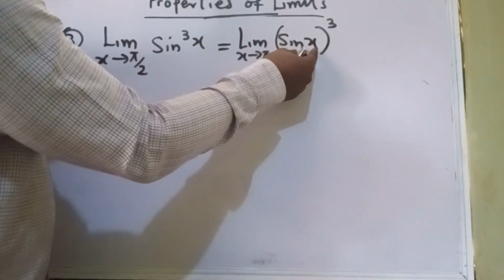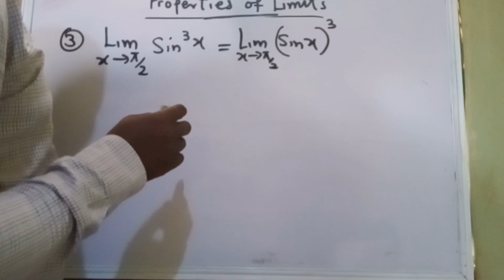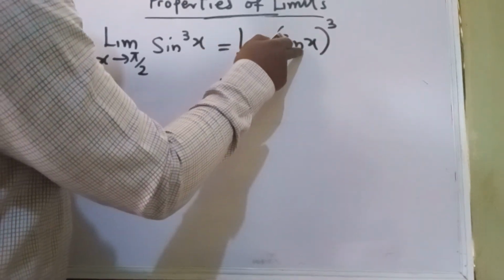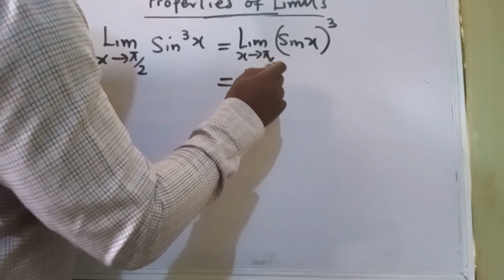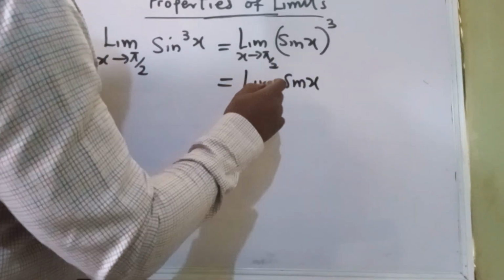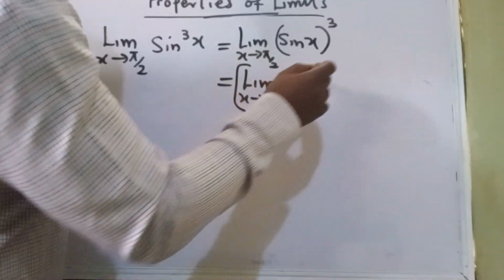So this is like f of x when compared to property 7 we discussed earlier. So this limit will go directly for this, and this becomes the limit of sine x as x tends to pi over 2. So the power comes in here.